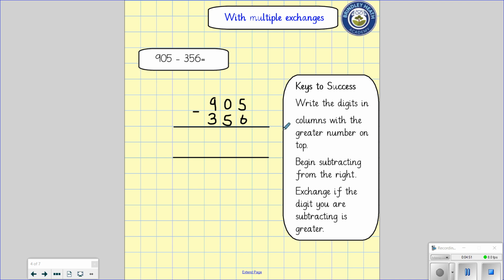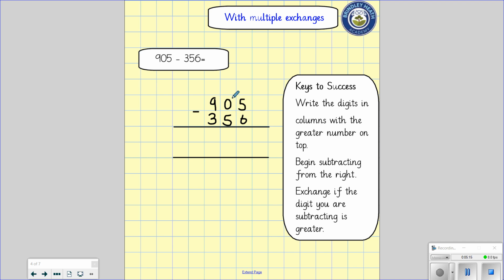Okay, so I've written my digits in columns and I'm going to subtract from the right hand side. 5 take away 6. I can't do 5 take away 6 because 6 is greater. So I'm going to exchange from my tens column. And this is where I've realised that I can't actually exchange from there because there aren't any tens in that column for me to use.